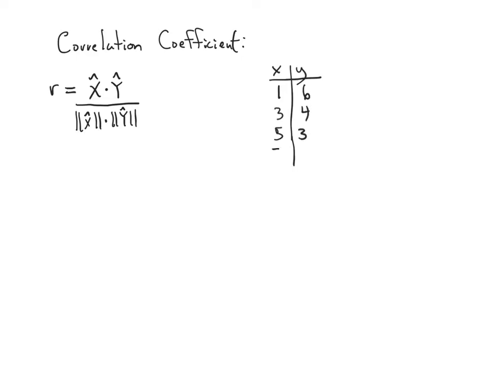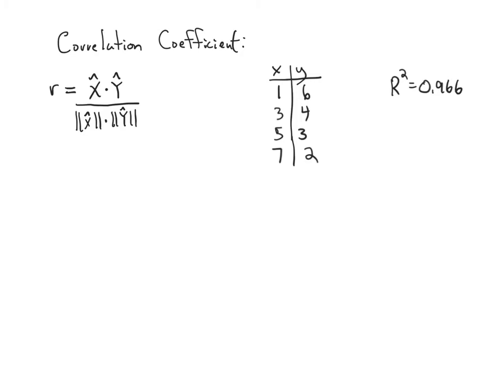And when x was 7, y was 2. So those were our data points for our calculation. As a reminder, we ended up with an r squared value of 0.966, which meant our linear regression was a good approximator for our data points, a good estimator.